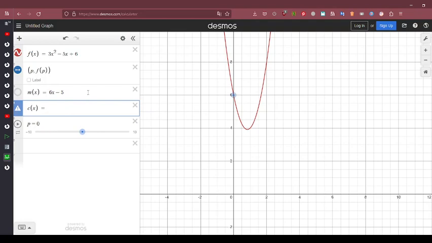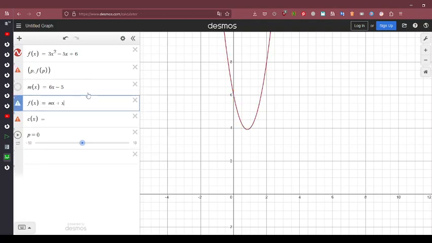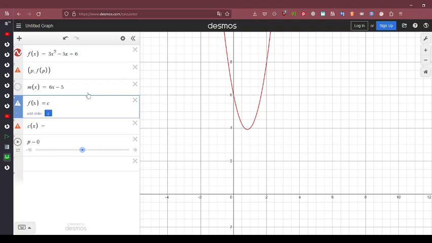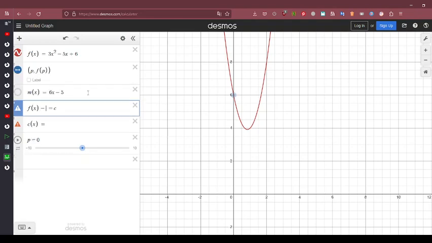F of x, so let's just write this down for reference. F of x equals mx plus c, right? So if we solve for c, or we can also phrase that as make c the subject, we can move this mx to the other side, and what we get is f of x minus mx, so this is equal to c.